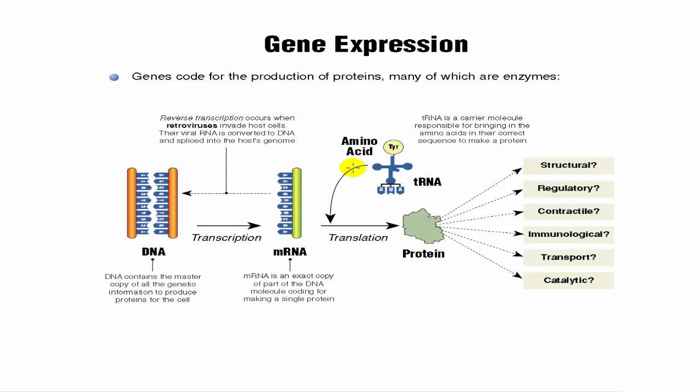You may notice on the messenger RNA there is no thymine. So no T. And the way I remember that is the word not. So no thymine in messenger RNA.